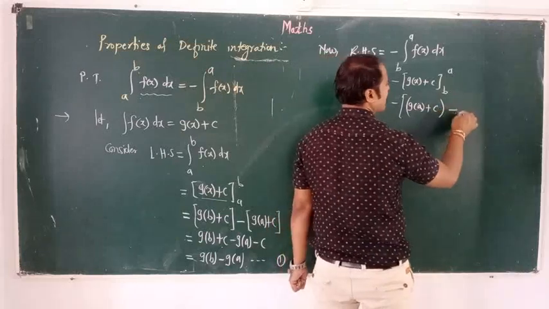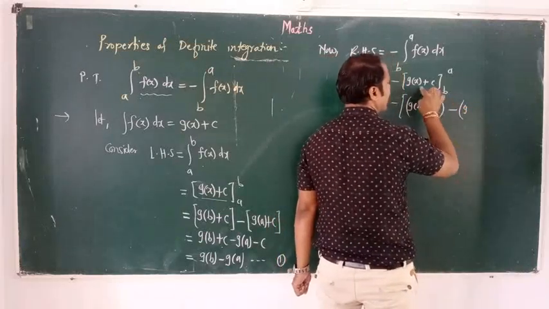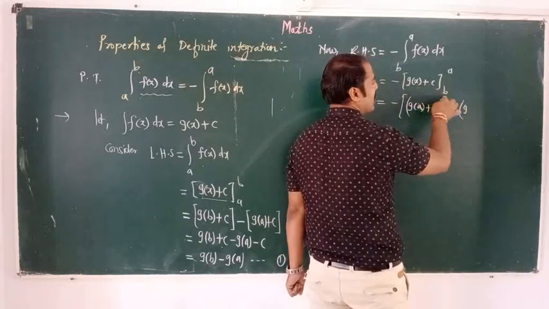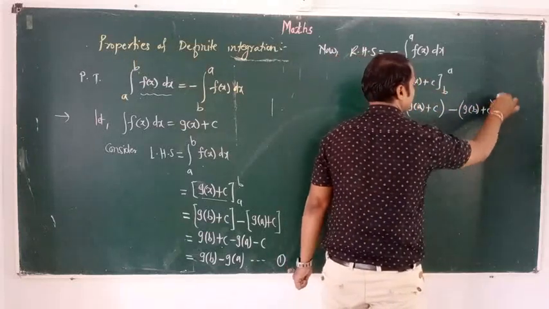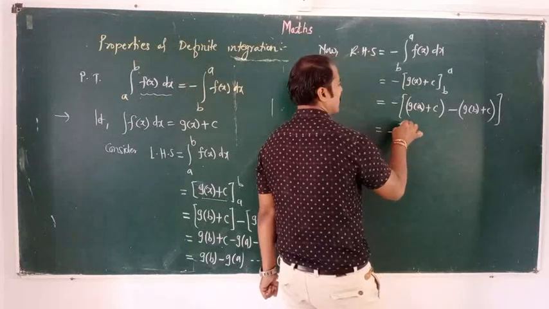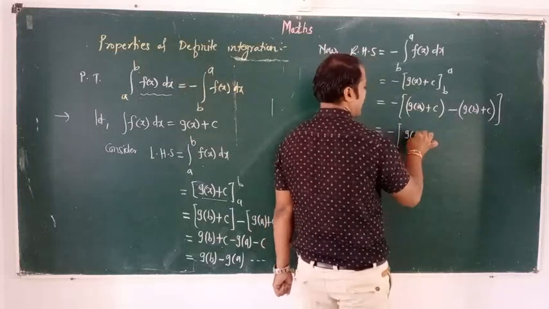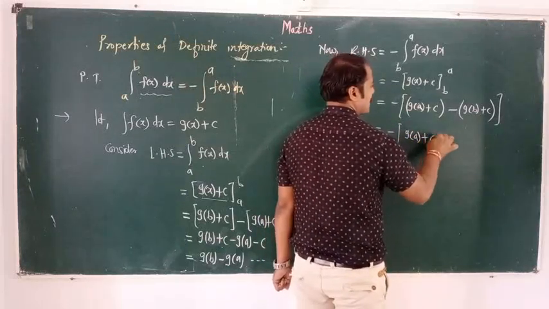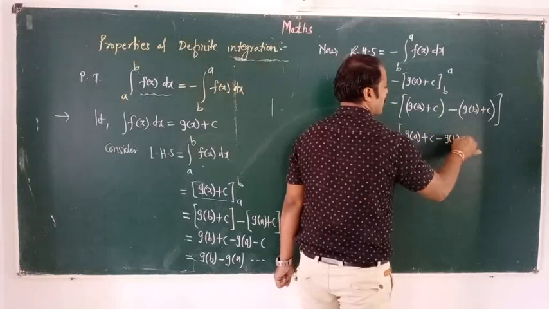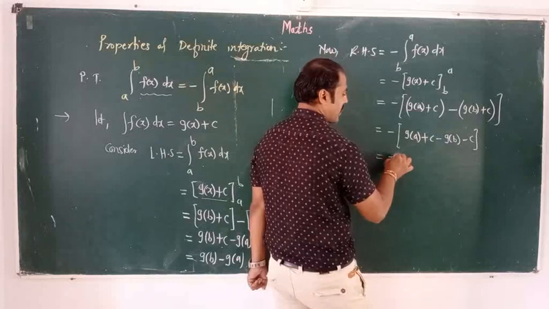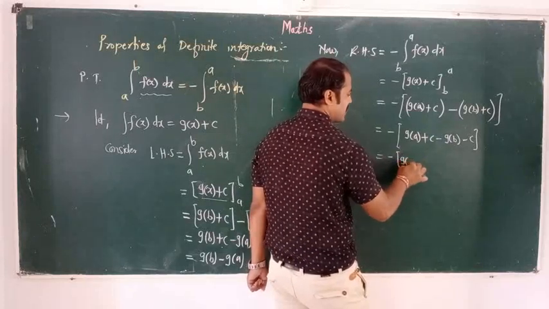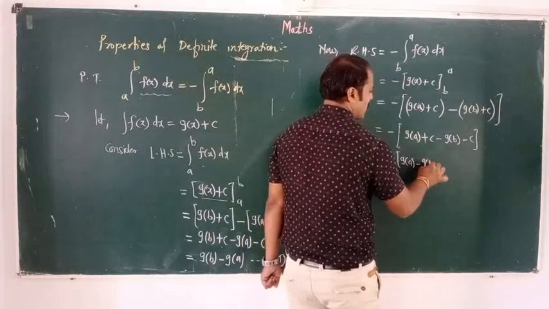The lower limit is b. So replace x by b. So g of b plus c. After simplification we can write this as g of a plus c minus g of b minus c. Plus c minus c get cancelled. Minus inside the bracket, it's g of a minus g of b.